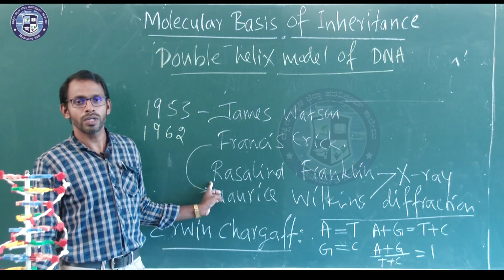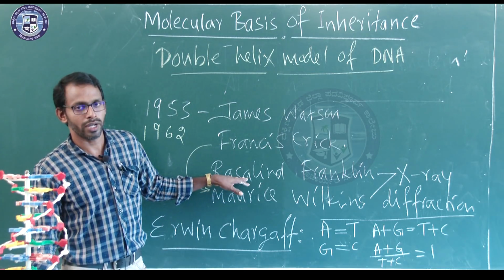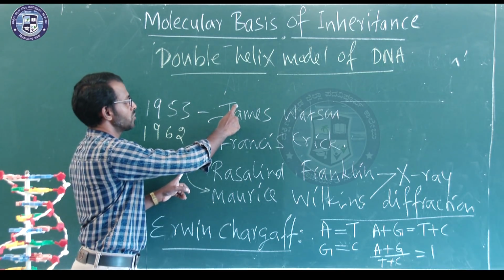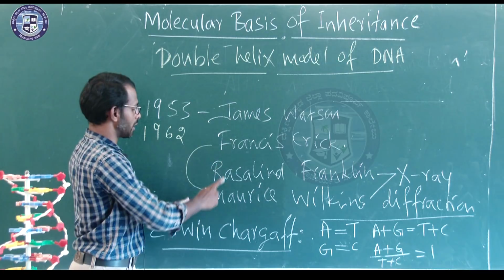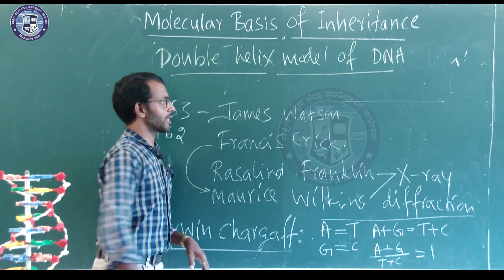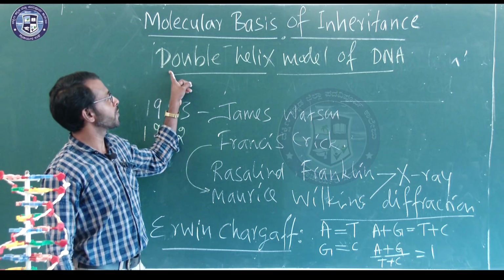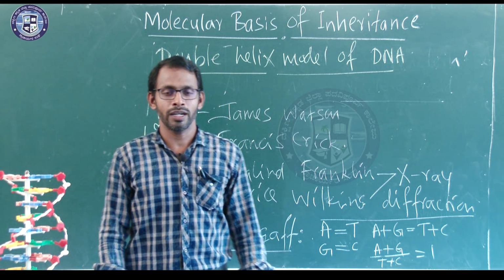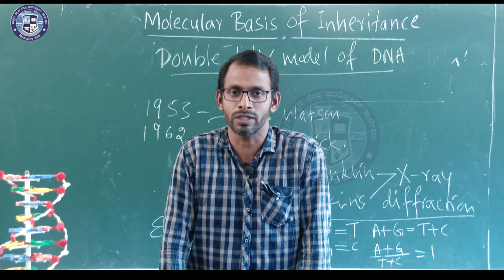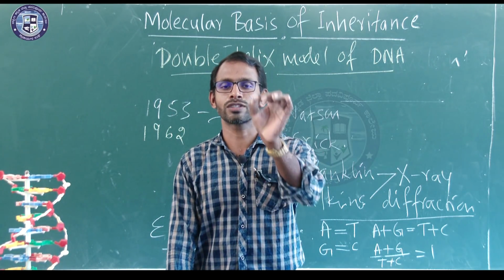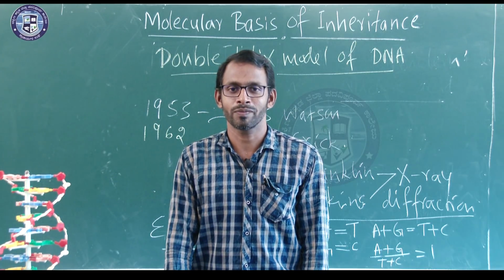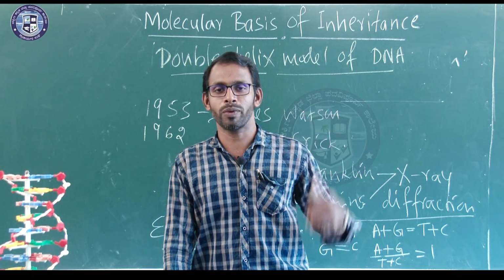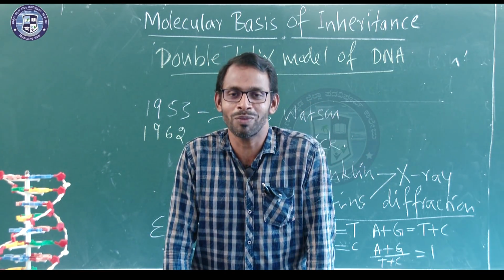The Nobel Prize finally got shared between James Watson, Francis Crick and Maurice Wilkins for proposing the double helix model of DNA. And you might be asked a 5-mark question: explain the double helix model of DNA. For explaining it, those three scientists got a Nobel Prize, but you will be getting only 5 marks.